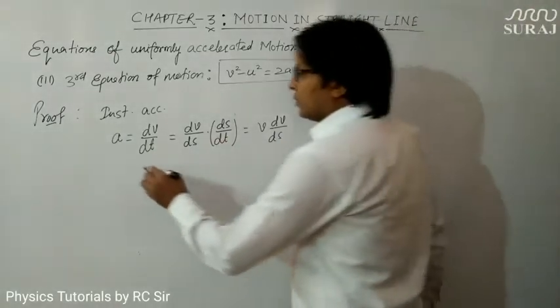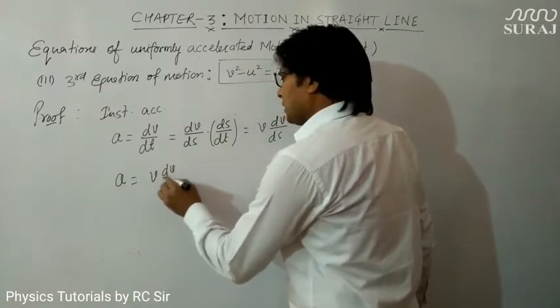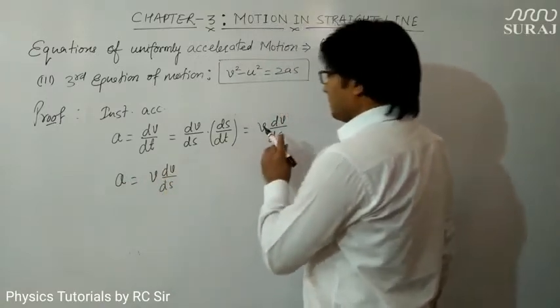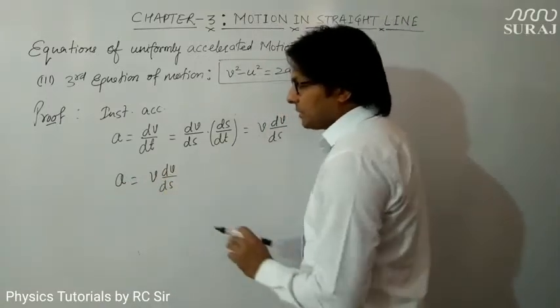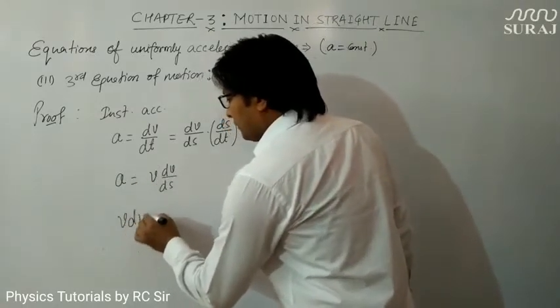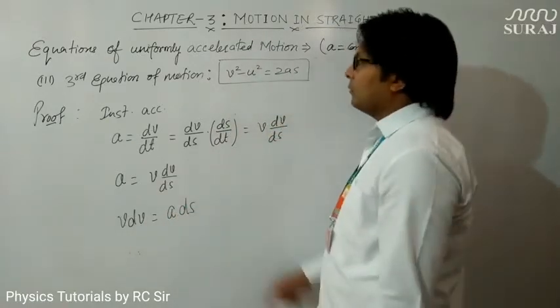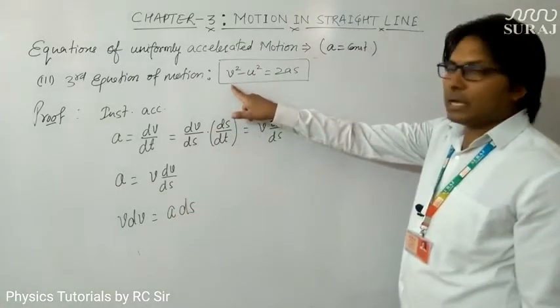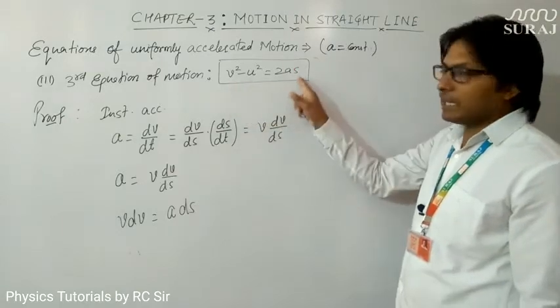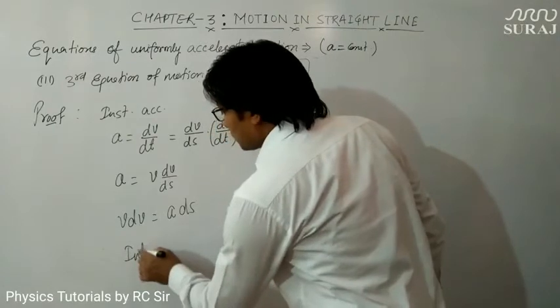Okay, now a is velocity times the rate of change of this velocity with respect to displacement, and from here I can write down v dv is equal to a into ds. And now we want to derive the relationship between v, u, a and s, therefore we should integrate this equation on both sides.